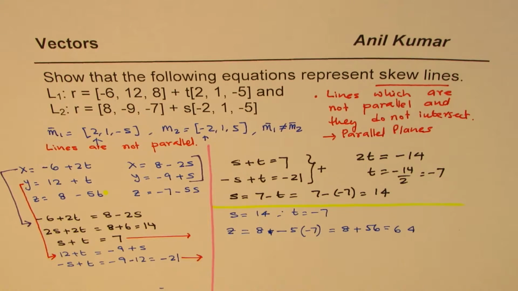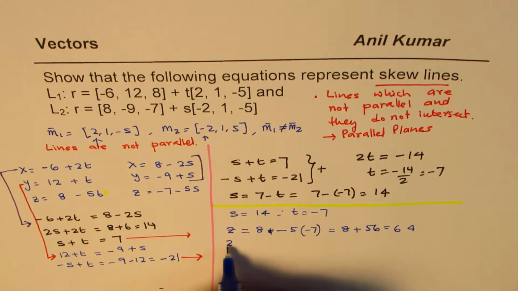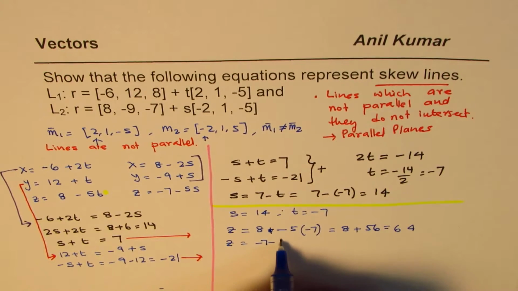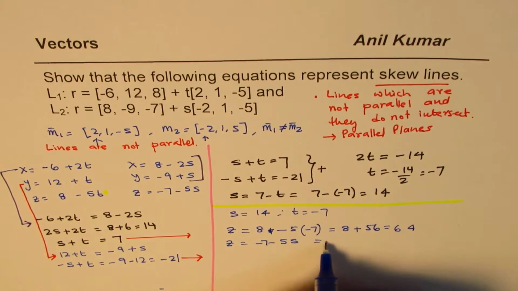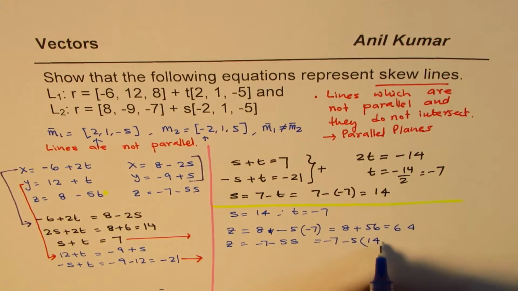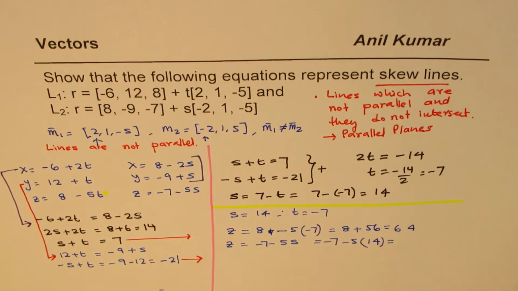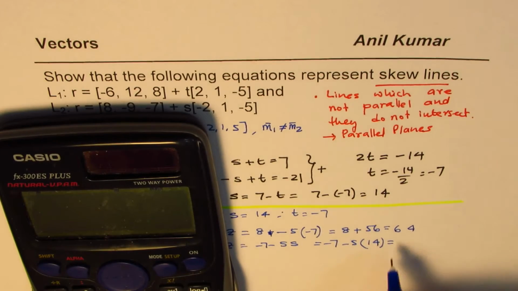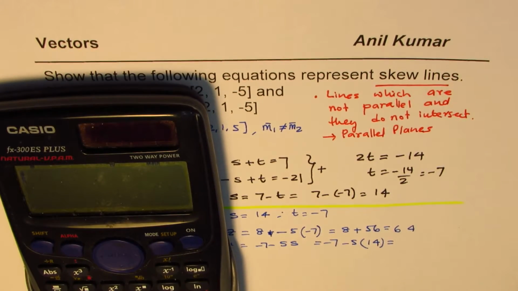Now let's use the other one, which is z equals minus 7 minus 5s, which is minus 7 minus 5 times s, which is 14. You can also use the calculator to figure this out. But it's very clear that's a negative value. It's not close to 64 at all. So it is just 7 plus 5 times 14.